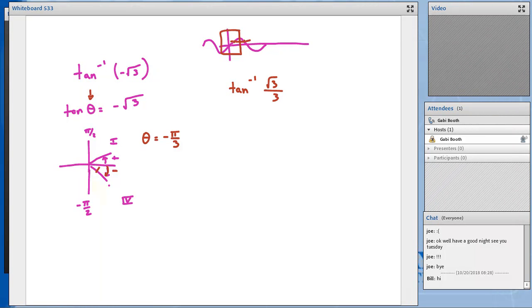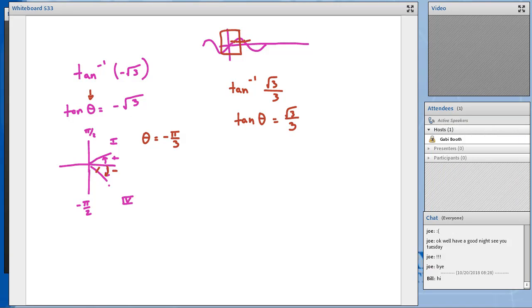So here's another problem. Find the exact value in radians of the expression, the inverse tangent of square root of 3 over 3. Again, if you translate it, it means for which angle is the tangent square root of 3 over 3.